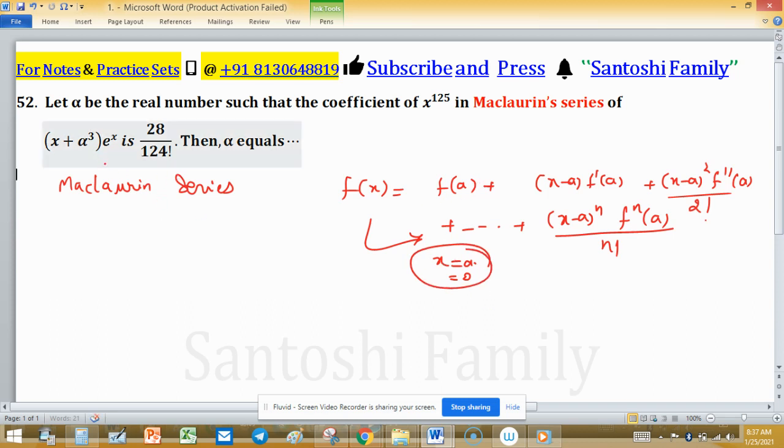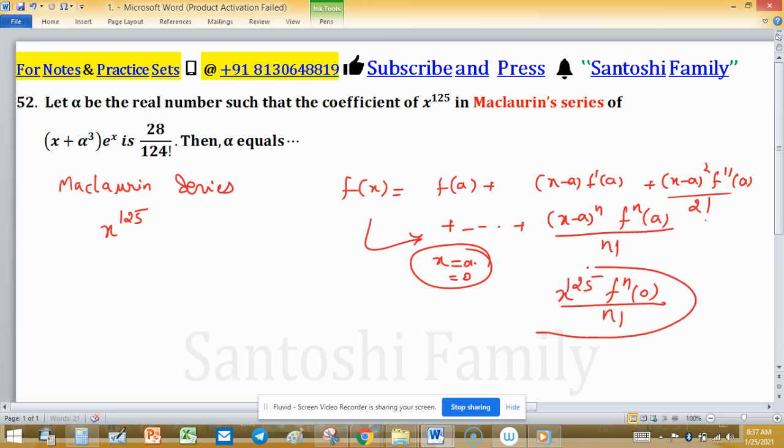So we have to find the coefficient of x raised to the power 125. It means we have to find the terms containing x raised to the power 125, f^n(0) upon n factorial. It means the derivative of the function (x plus alpha) cubed e raised to the power x, which is the product of two functions.